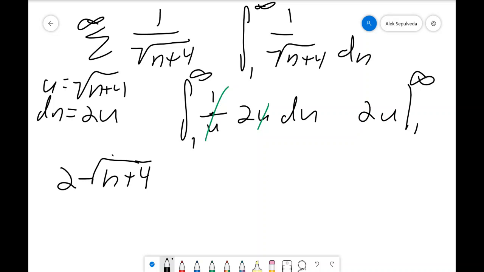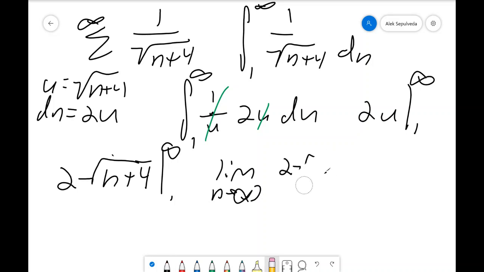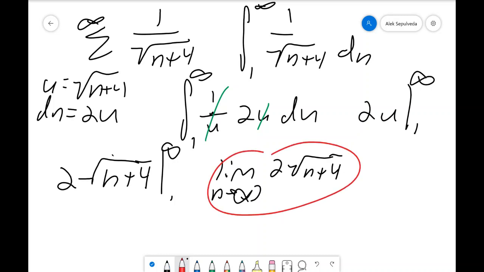Now that we have that, we can do the limit test on this, from 1 to infinity, so you have the limit as n approaches infinity of 2 square root of n plus 4, which is all infinity.